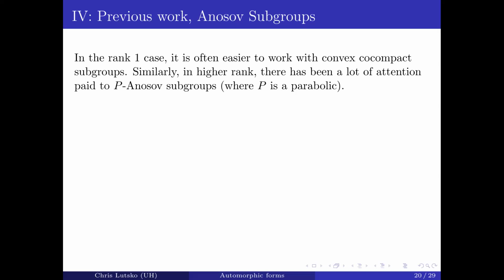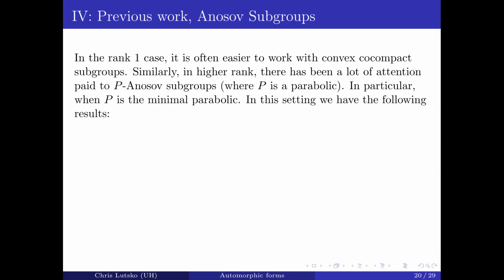This is the analog. This is where people would expect things to be easier in P and Nossoff subgroups. If you don't know what they are, they're a sort of form of mixing statement, but for the eigenvalues. So it's sort of saying that the eigenvalues separate in a nice way.